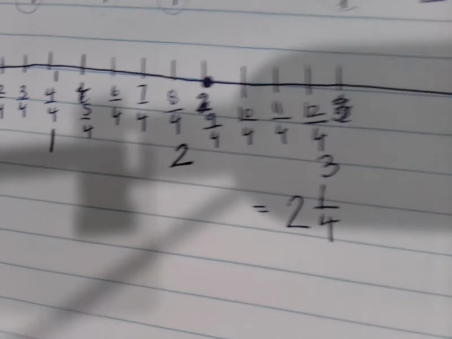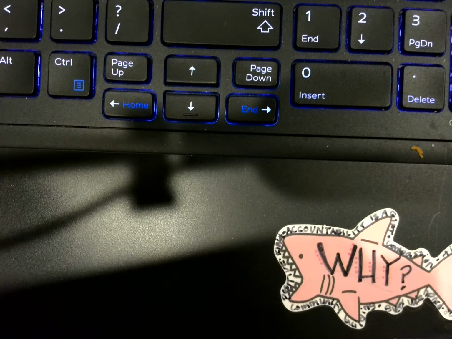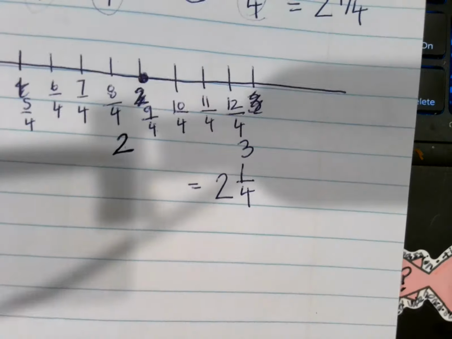Whoops, sorry about that. It says express each as the sum of a whole number and a fraction. Okay, so basically they want us to write it as a mixed number.